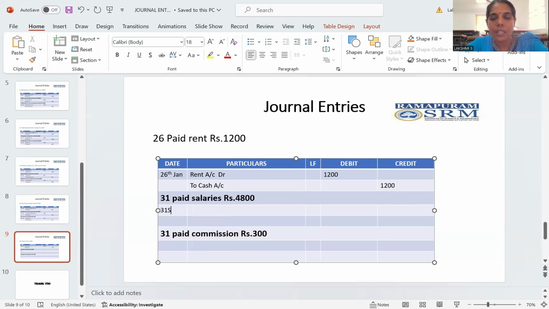And this 31st January, paid salaries. We paid salaries to the employees. So cash goes out of the business, that should be in the second line, to cash account. Salary is given, so we write the salary account debit, 4,800.